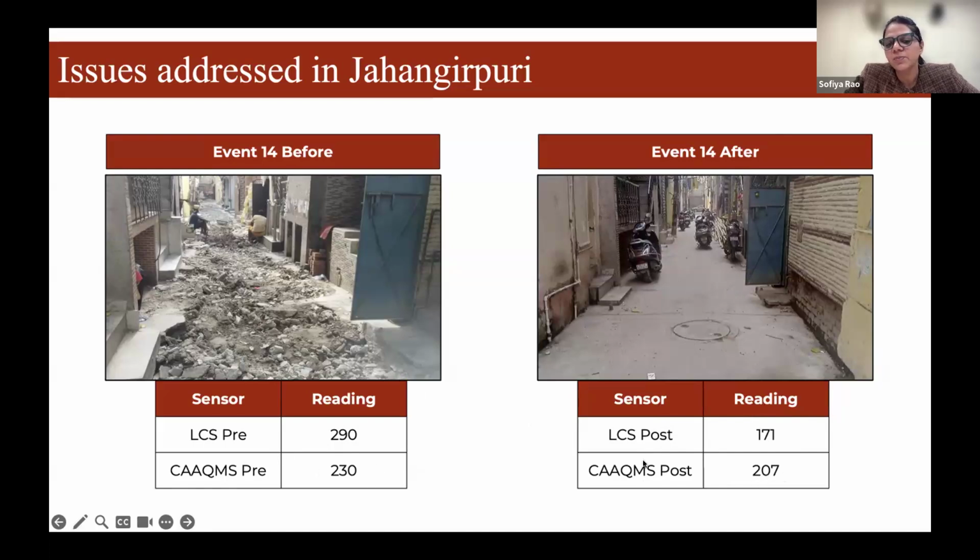If you see the pre and post difference in the CAQM, it was not that high, but in the Locus sensor readings there is a difference of almost 120 micrograms per meter cube. So if we design a network of low-cost sensors to resolve these kinds of issues, then we will be able to provide good information to the government stakeholders and ask them to take the appropriate actions.